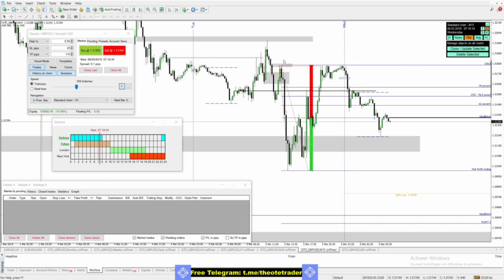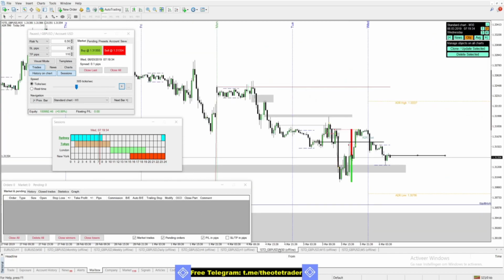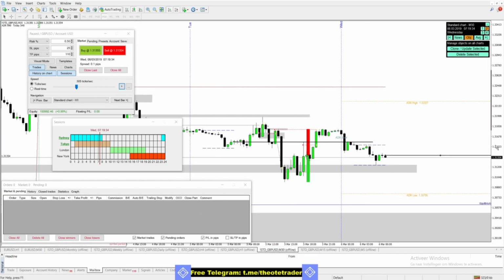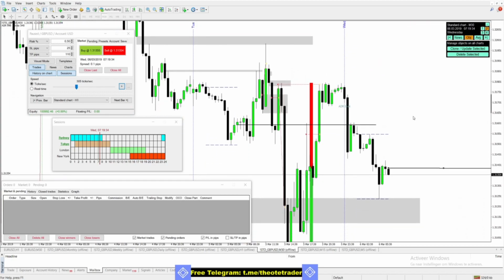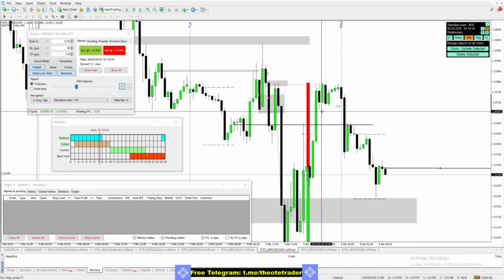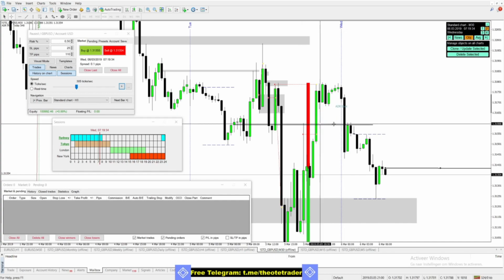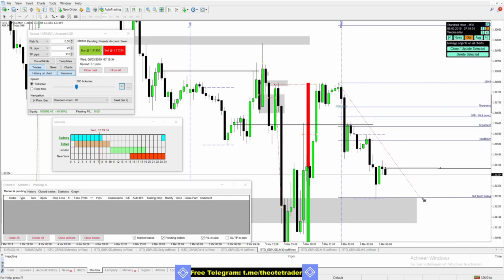So let's go to the 30 minutes. There's actually a 30-minute fair value gap, which is also a balanced price range. So we're going to draw another range. Right, so this is the new range.